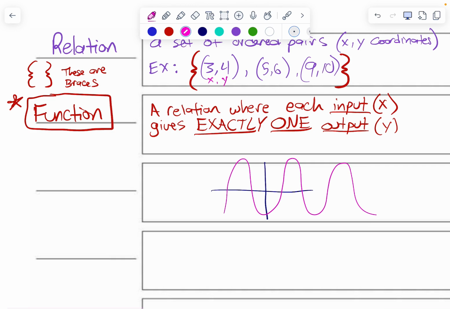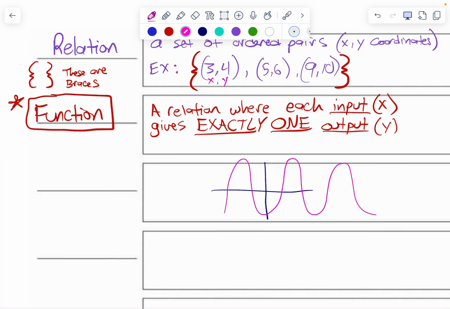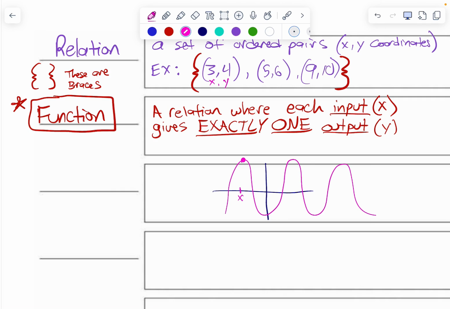So he's talking about the overlap, meaning we have repeated values going left and right, right? Is that okay? Yeah, that's all right. That's okay because each x, like if I pick this x right here, it gives me one output up there. And this x gives me the same output, but it's a different x, right? So yes, that's a function.